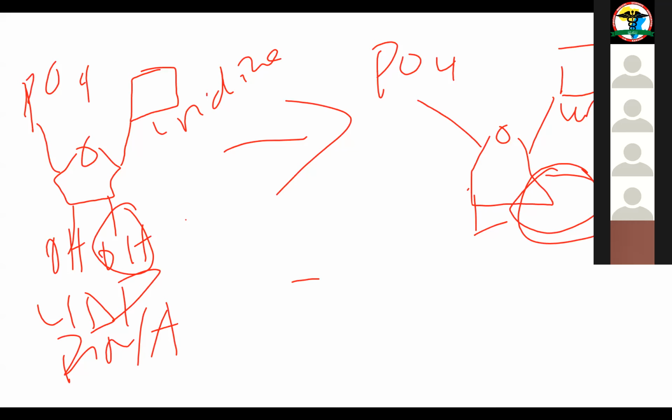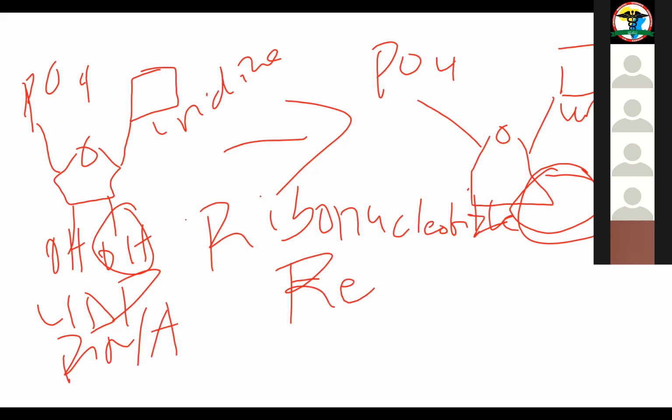The enzyme that is responsible. Just think, what happened here? What happened here to here? In layman's terms, if you want to explain what happened, anyone?